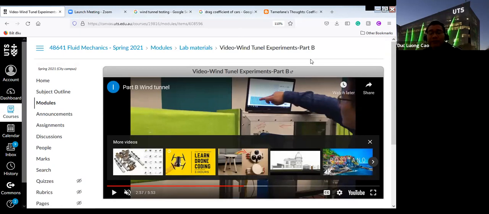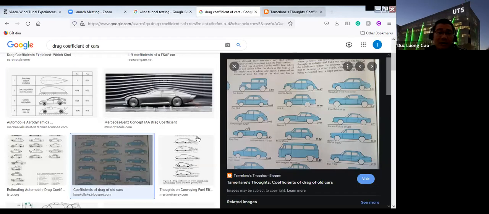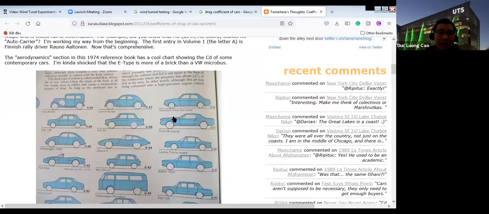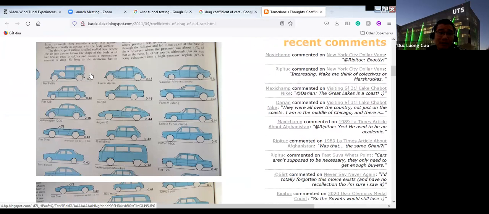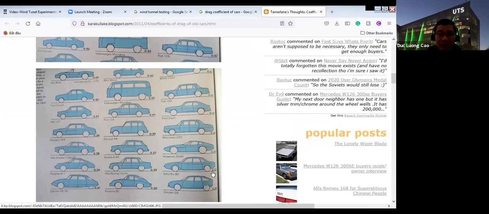And the drag force, as I said, is very important, because here you have the drag force for some cars, and we have this one from the wind tunnel experiment. With this kind of car, for example the Fiat Balilla, the drag coefficient CD is 0.6. But for a sport car like this, the drag coefficient is only 0.3.